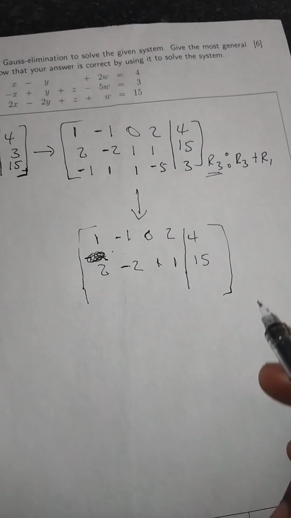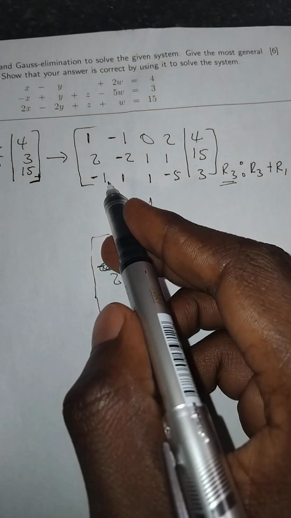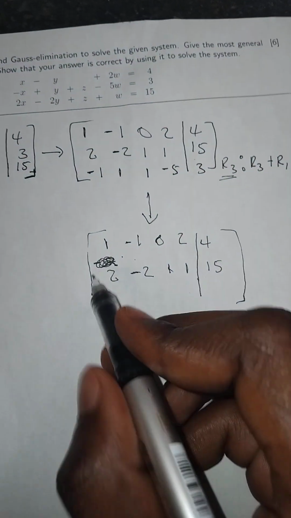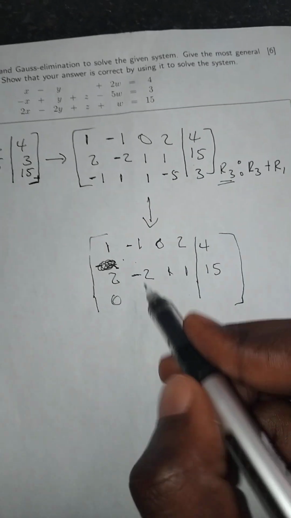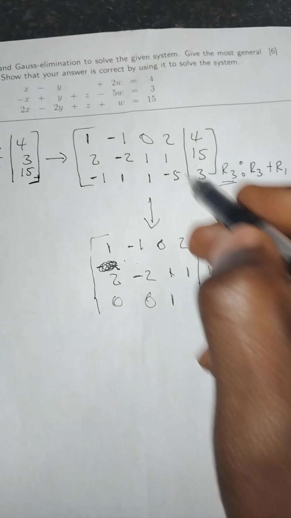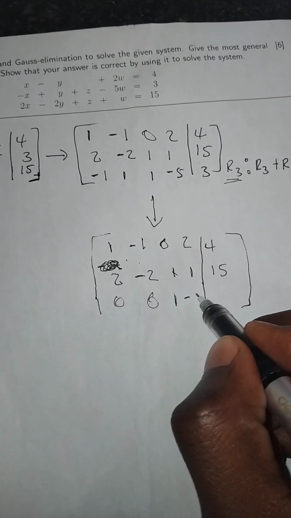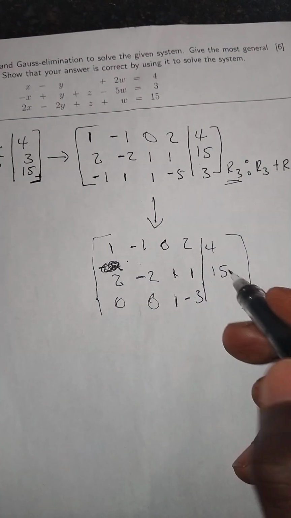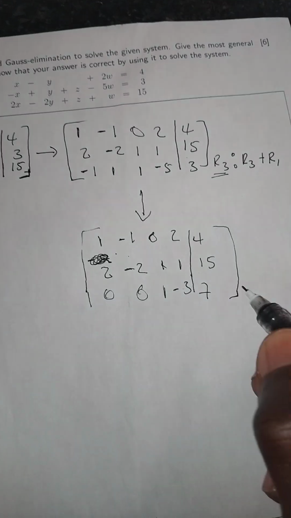Once we operate here, we have minus 1 plus 1, that gives 0. Then minus 1 plus 1 again gives 0. Then 1. Then 2 minus 5 gives minus 3. And 4 plus 3 gives 7.